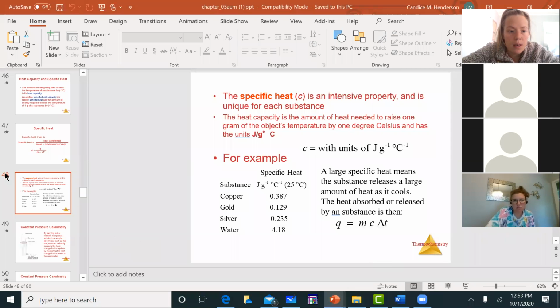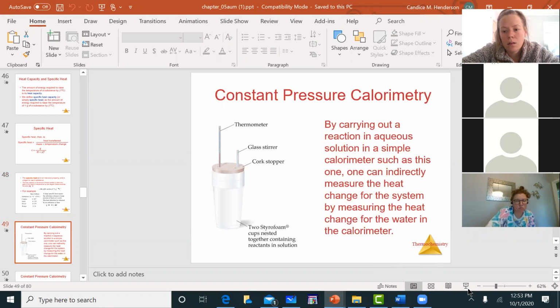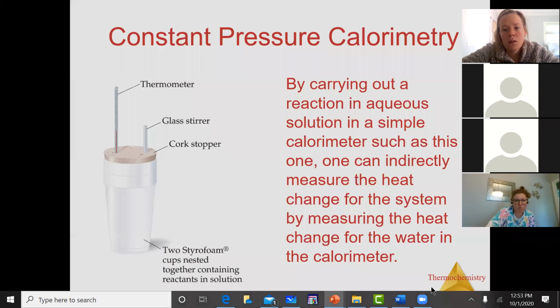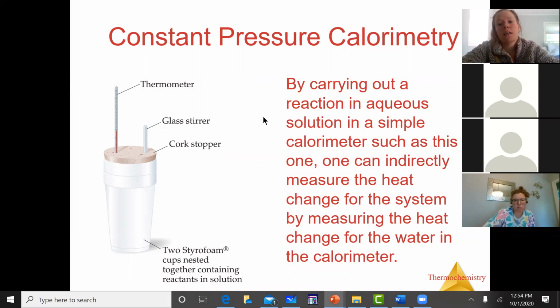Back over to our slides here. If we have a constant pressure, we can carry out a reaction in an aqueous solution, aqueous meaning water, and use just a simple, really a styrofoam cup or 2 styrofoam cups. And we can indirectly measure the change in heat by measuring the change in water.